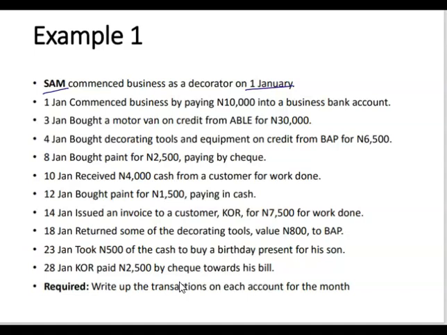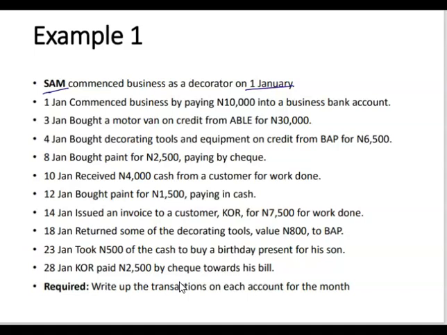The business community cannot wait for a business for eternity to determine its performance. Then came up the periodicity concept. That means a particular period is set aside for us to measure the performance of a business. That means a date must be attached to every transaction, so that we'll be able to determine the performance or which transaction occurred on which date.